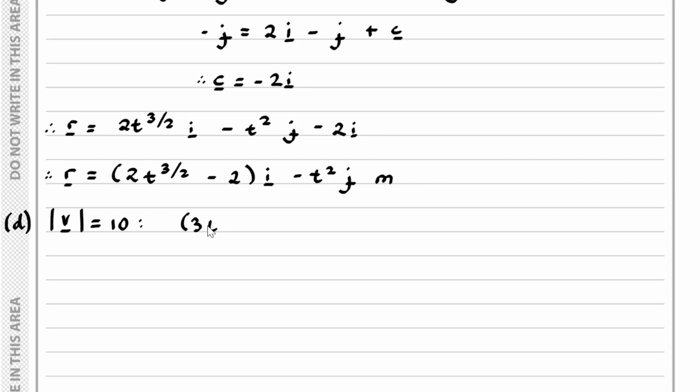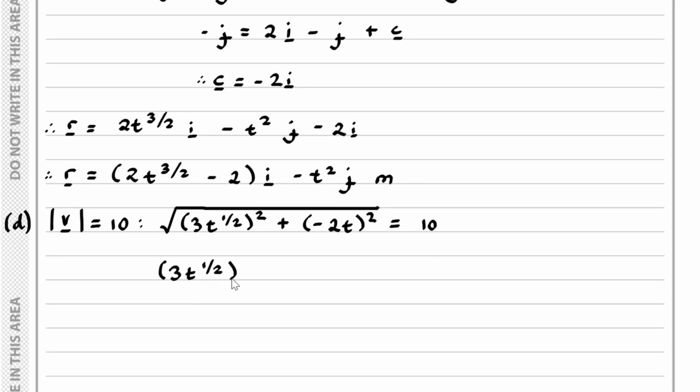So we've got 3t to the power of 1/2 squared plus minus 2t squared, all square rooted. This is equal to 10. And if we square both sides, we've got 3t to the power of 1/2 squared plus minus 2t squared. This is equal to 10 squared.